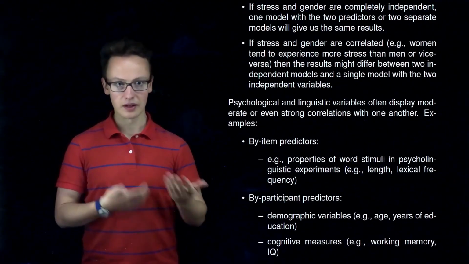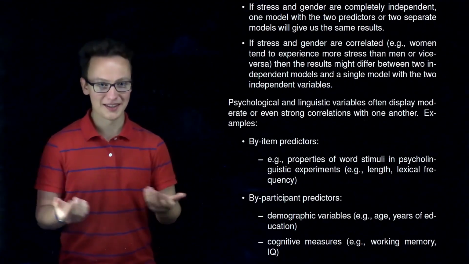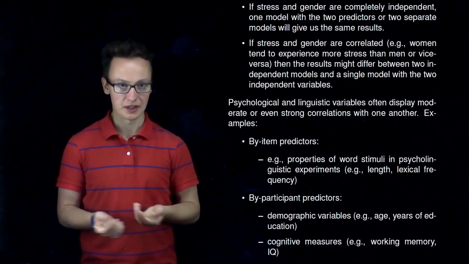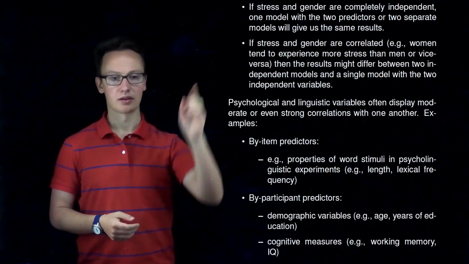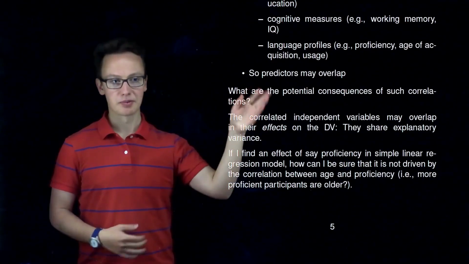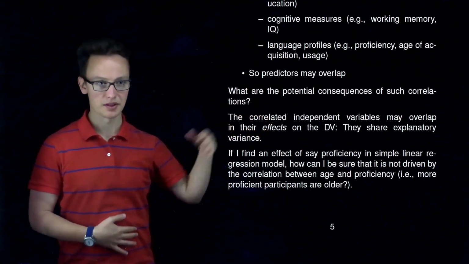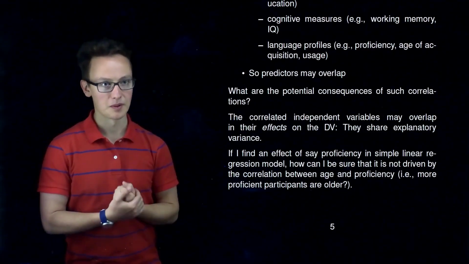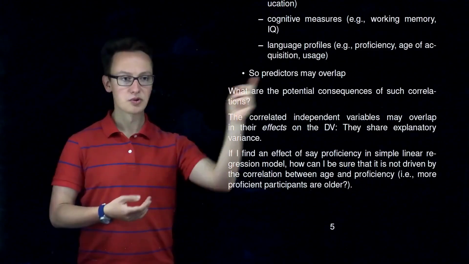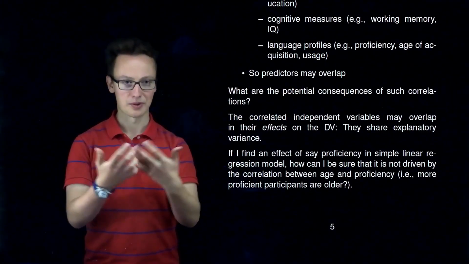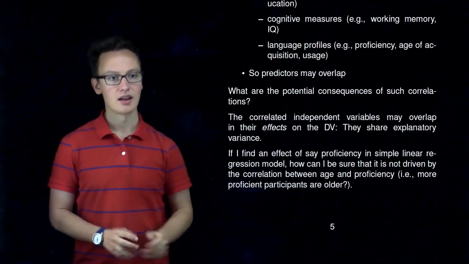These are very practical examples of predictors that could be correlated and where this problem would arise. Also things like language profiles, proficiency, and age of acquisition. If you've acquired a language early in life, then you're probably more likely to be proficient or use it often, right? So all these predictors overlap to some extent, they have some shared variance.